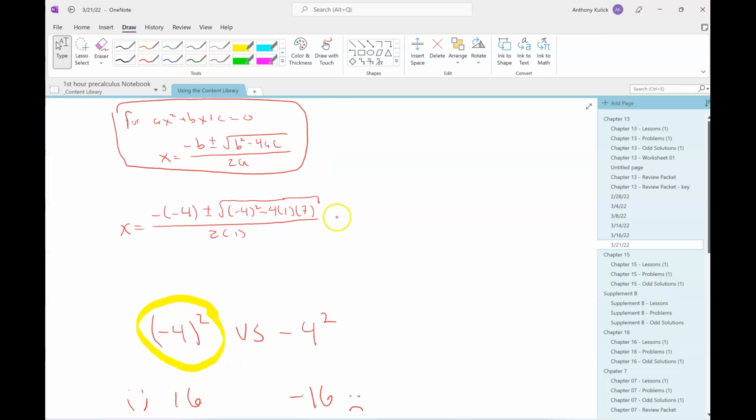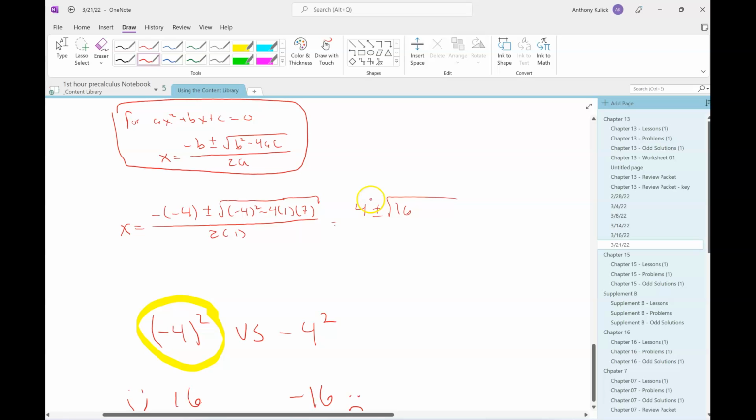Oh, no, it's fine. It's fine. -4 squared is just 16. 4 times 1 times 7 is just 28.